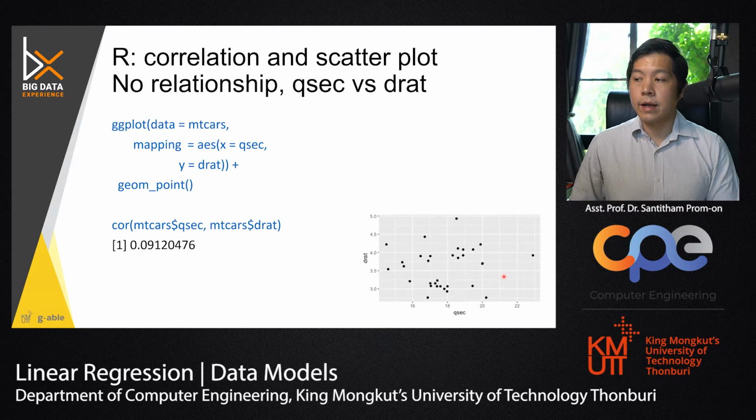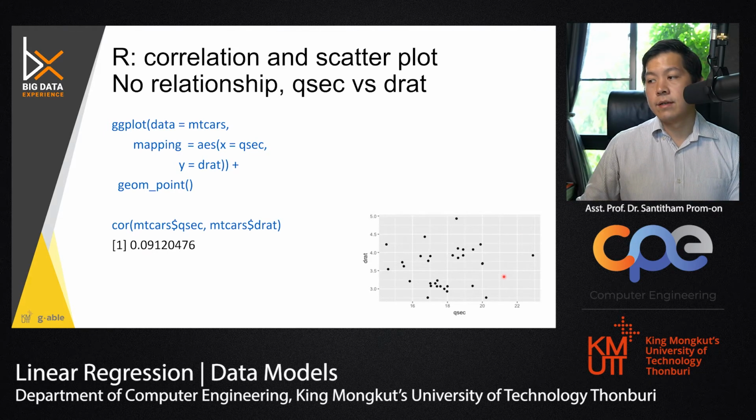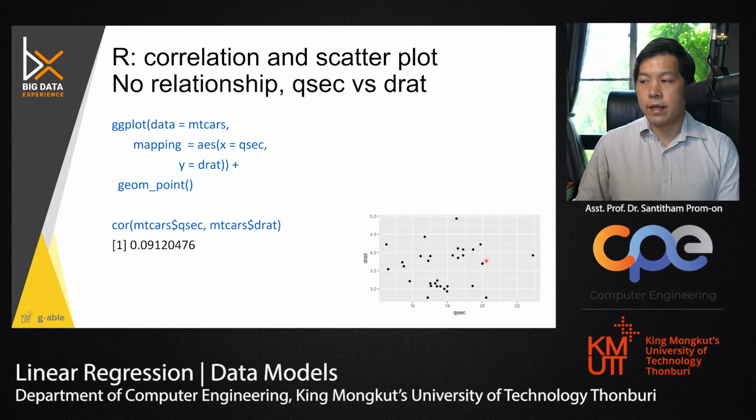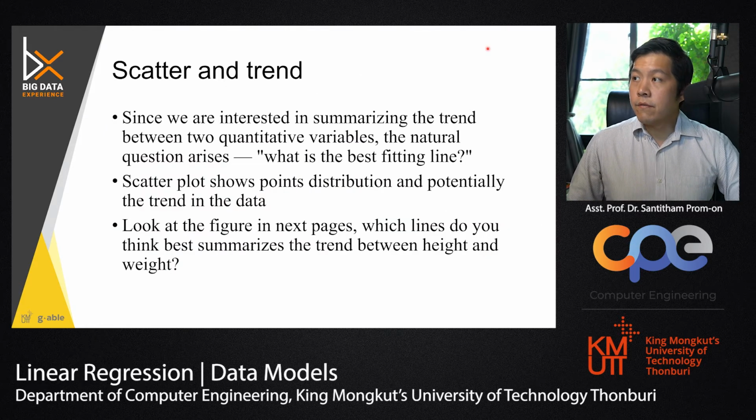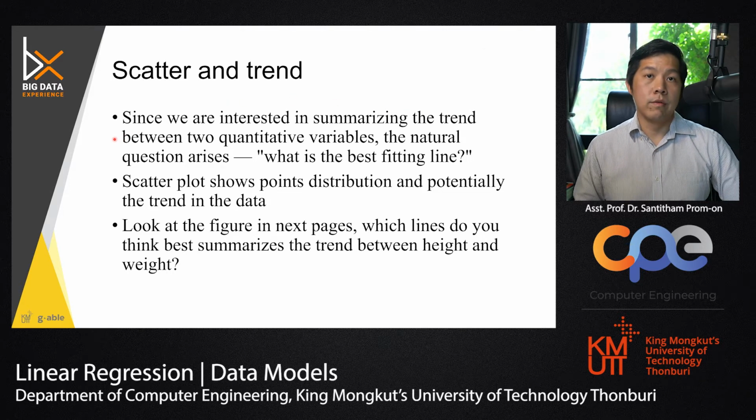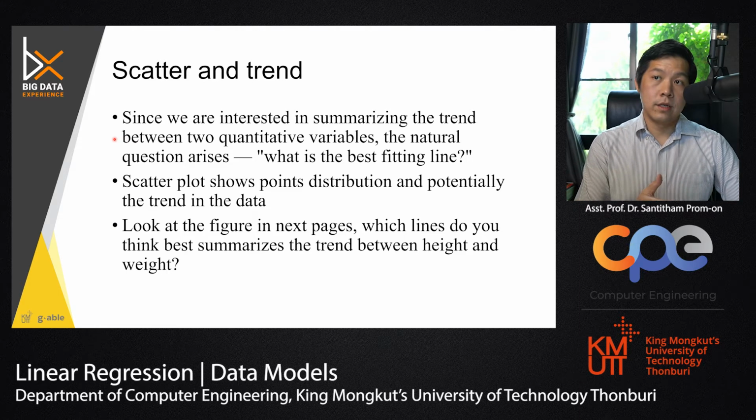And you can see that they are scattered, right? No obvious pattern can be seen. And from these, you can assess which variable should go with which, right? Which variable can be used to predict the variable that you want.